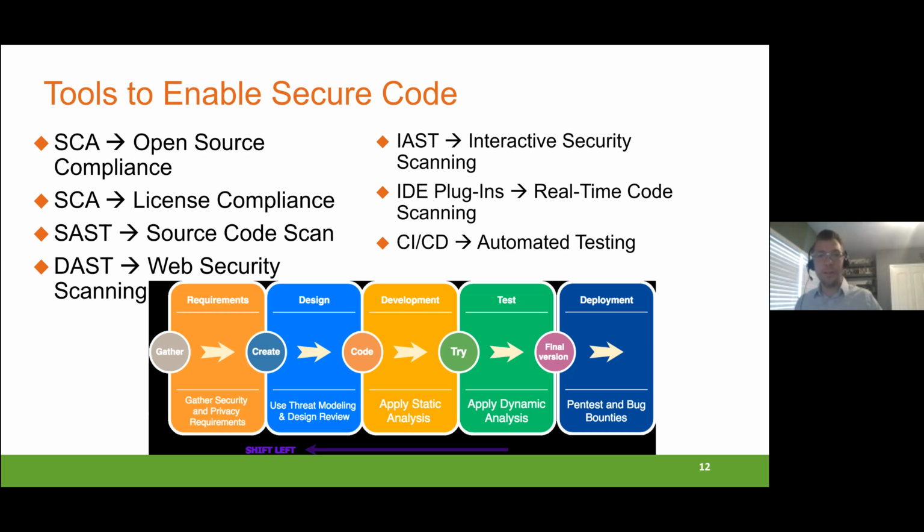Then interactive security testing, which is kind of real time. You could do that in a QA environment before it's actually released to production, actually testing the application while it's running.